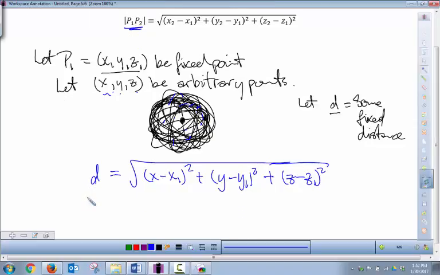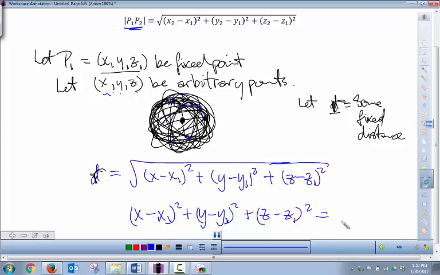I should have used r, because d looks like a diameter, but it's not. So we have an equation of a sphere.